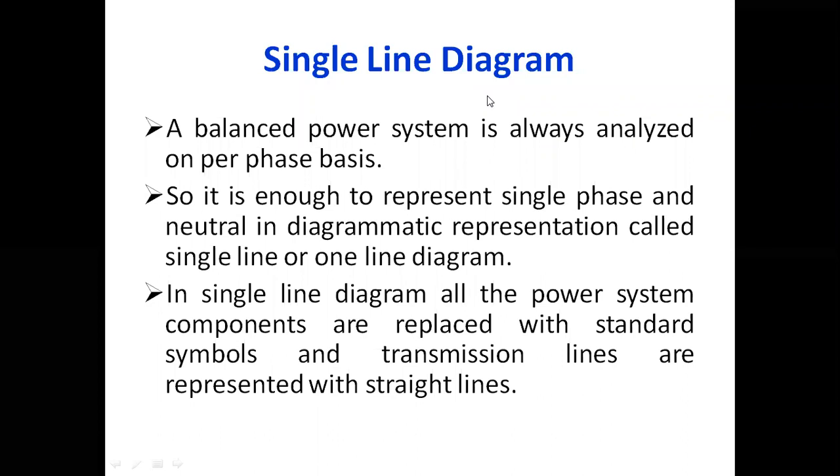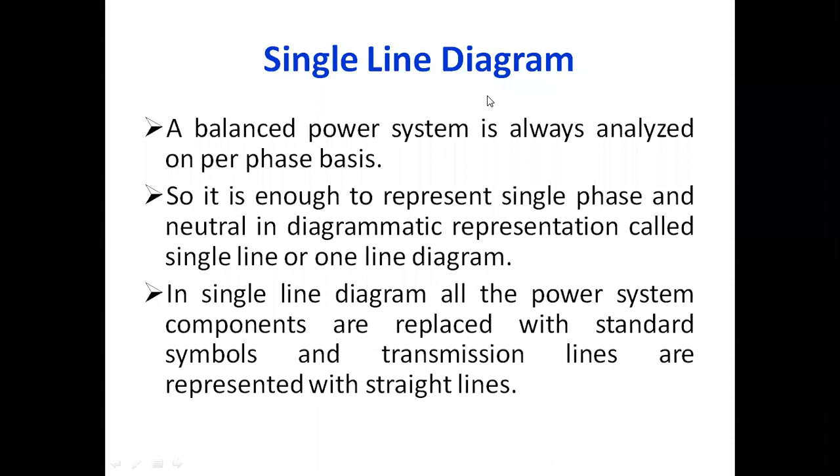But as far as the single line diagram is concerned, we are going to replace all the components of a power system, namely generators, transformers, transmission lines, etc., with standard symbols. I will show you the example also, don't worry about that. We use standard symbols for representing all these components, and similarly the transmission lines are represented with straight lines.